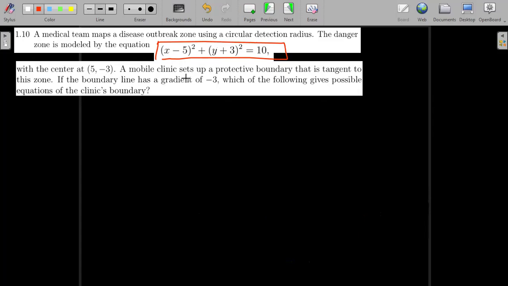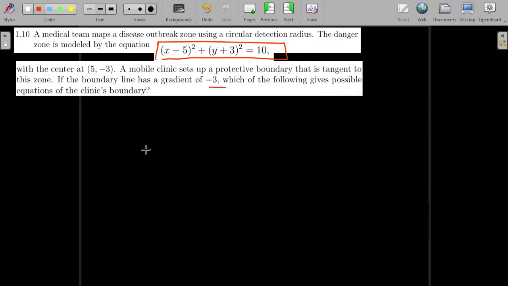A mobile clinic sets up a protective boundary that is tangent to this zone. If the boundary line has a gradient minus 3, which of the following gives the possible equations of the clinic's boundaries? Okay, so it means we just have to find the equations of the tangent line.